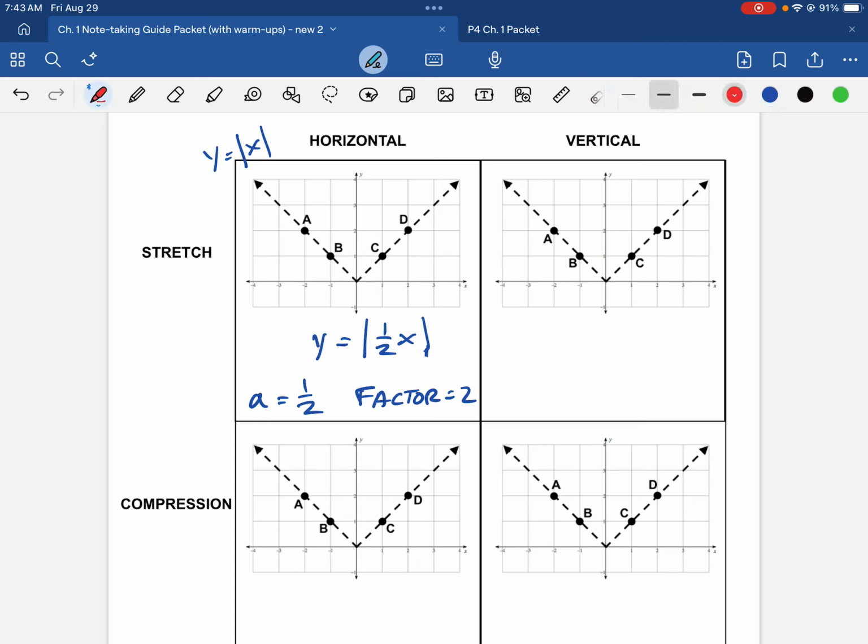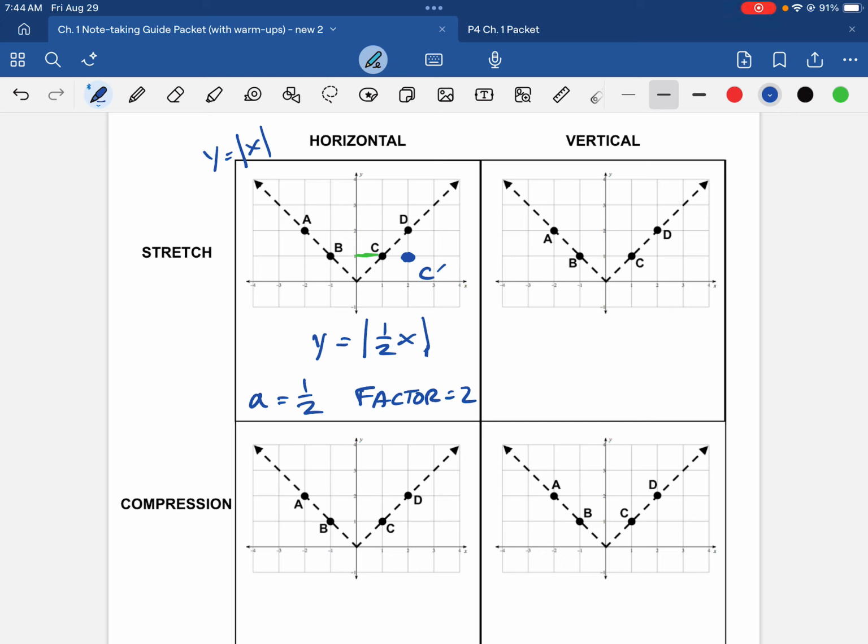So the point C, I can see that it's 1 unit horizontally from the center of the graph. I want to double that horizontal distance since the factor is 2. I'm multiplying that horizontal distance by 2. So my new point C is going to look like that.